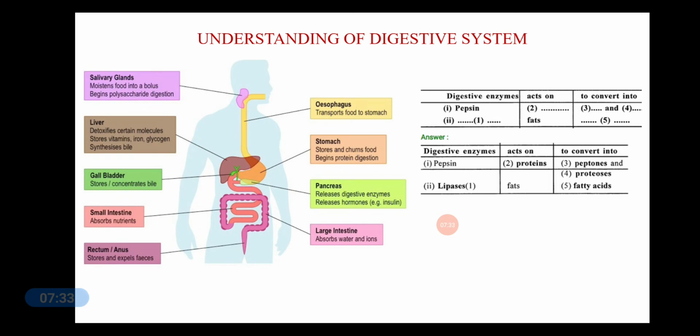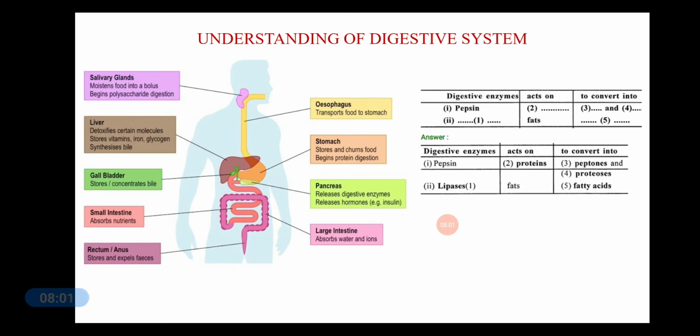The small intestine absorbs the nutrients which are present in the food. The food is now pushed inside the large intestine, which absorbs water and the different vitamins which are left. And the last part is the rectum and the anus, which store as well as eject the feces.